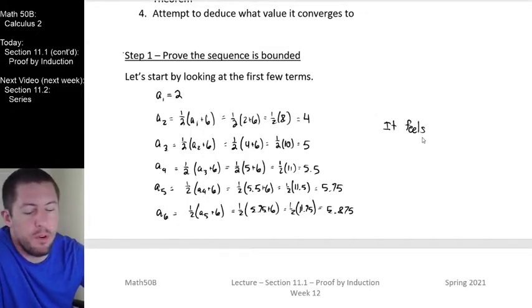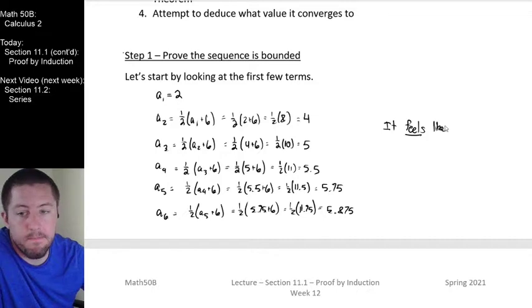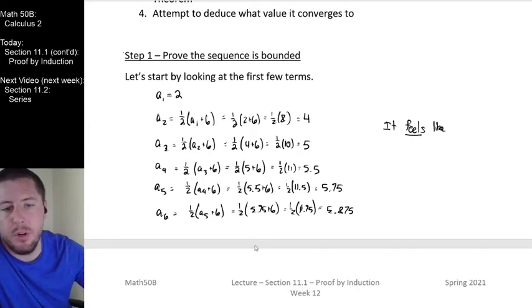And maybe you want to compute a few more terms to feel better about that. Fortunately for all of us, I don't care about your feelings. I care about what we can prove, right? Feelings are good. Sometimes they point us in the right direction, but there are about a billion cases where our intuition can lead us astray. Well, this is evidence gathering. I think it's pushing me in the right direction.